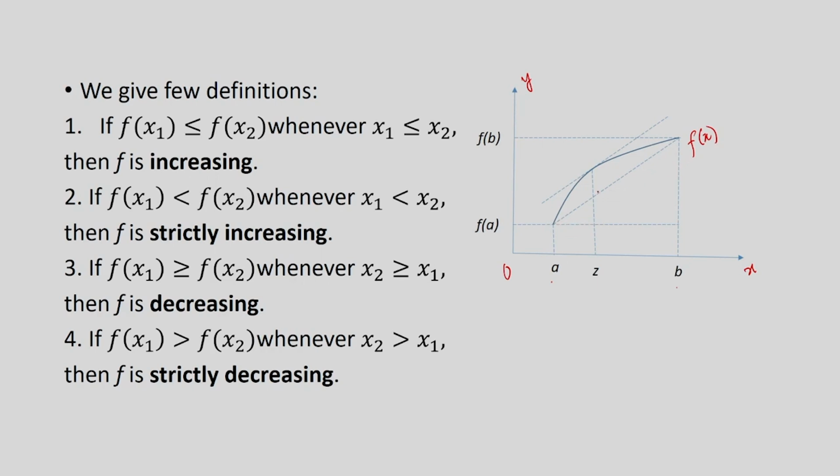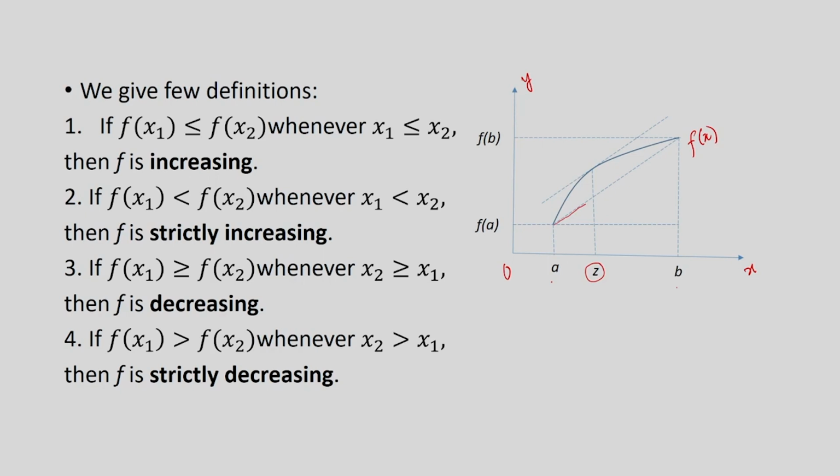You can see this is the slope of the line. Now, we can find at least one z in that interval such that the derivative of the function at z is equal to the slope of that chord, that is the chord connecting (a, f(a)) and (b, f(b)).